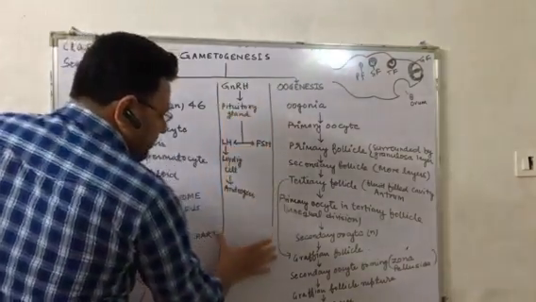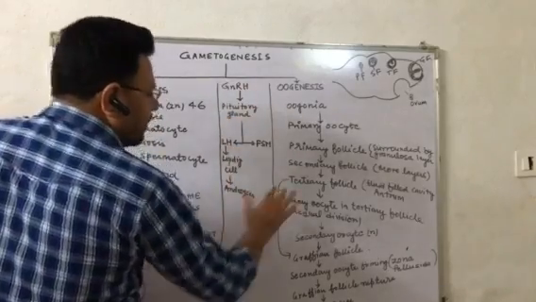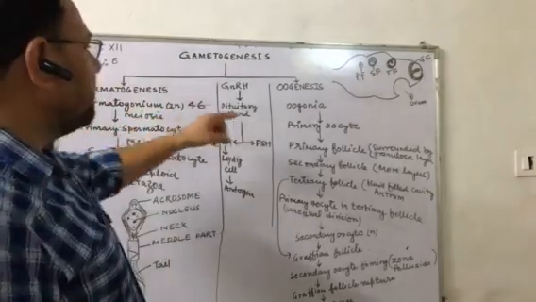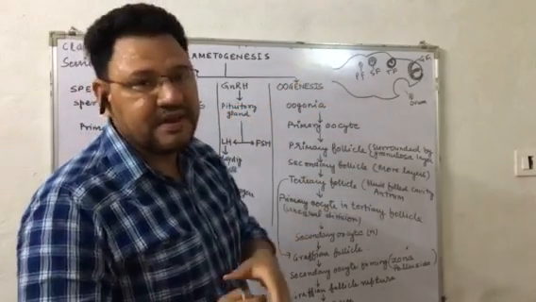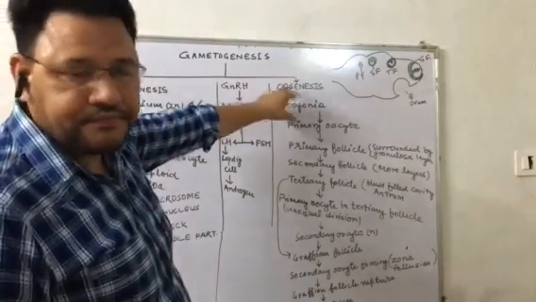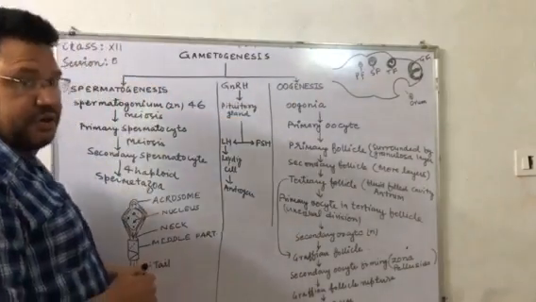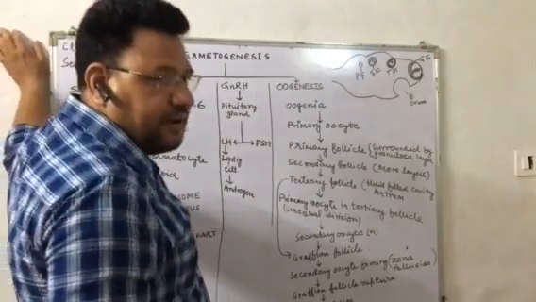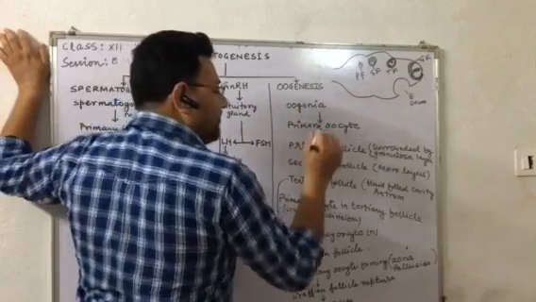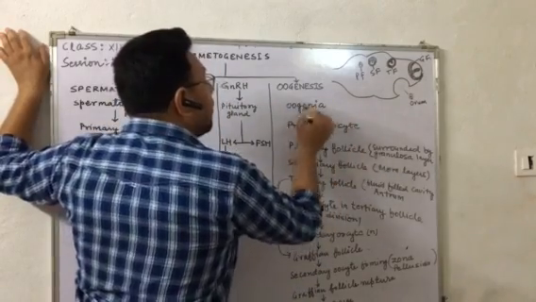Leave this portion. I will discuss this portion after discussing oogenesis. Now the second process, which takes place in females, is the process of oogenesis. As I told you, during embryonic development, a female fetus always has this oogonium.